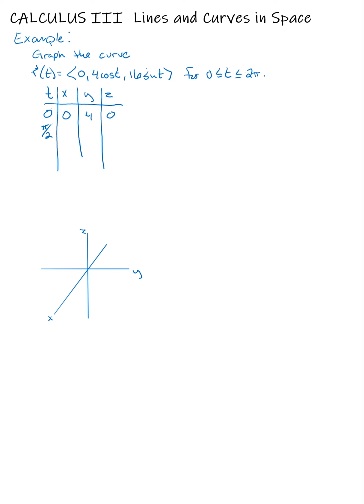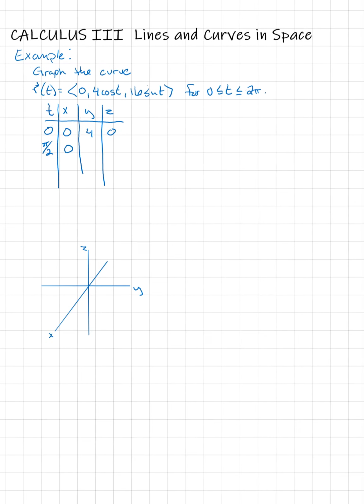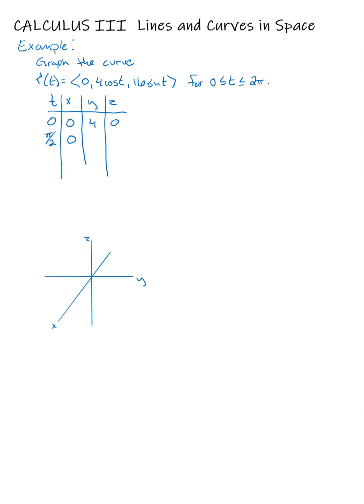If t is pi over 2, x again is still 0. And it turns out our y value is also 0. But our z value now is positive 16 because the sine of pi over 2 is 1.